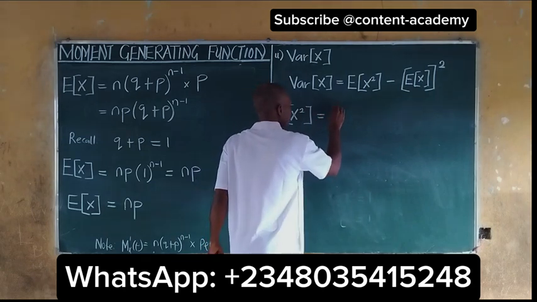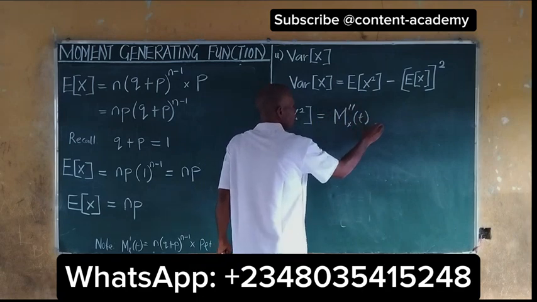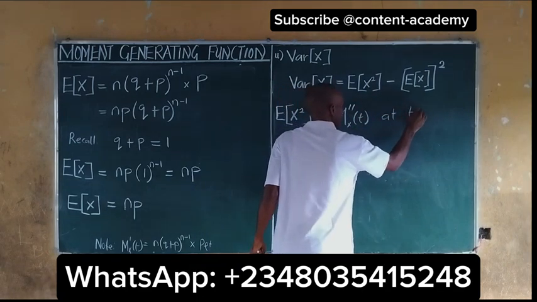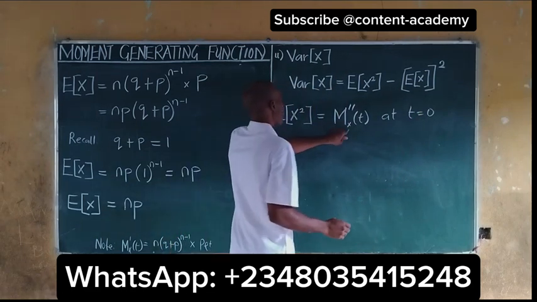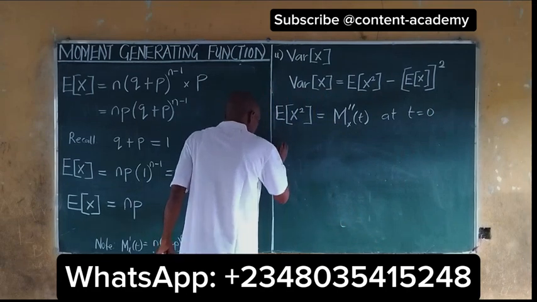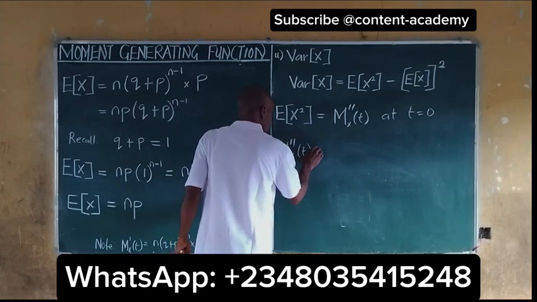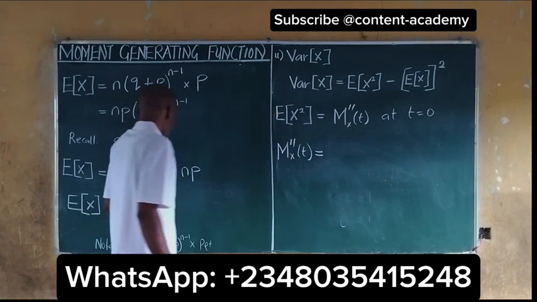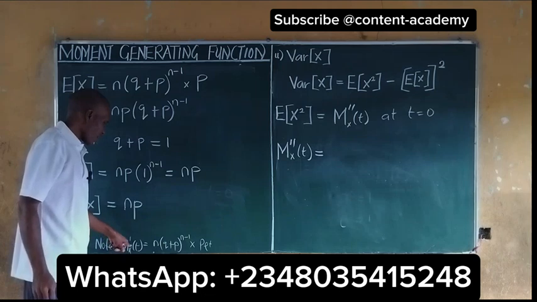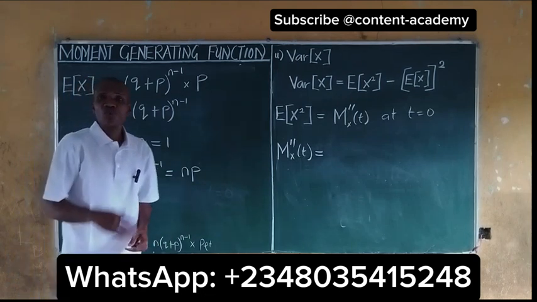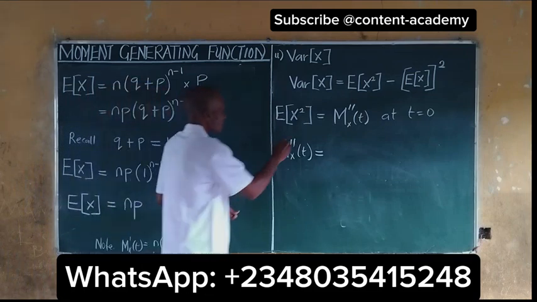The expected value of x squared is equal to the second derivative of our moment generating function at t equal to 0. For us to take the second derivative, what are we differentiating? We'll first recall our first derivative, and differentiate it.